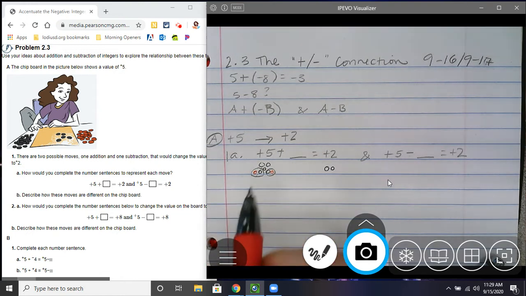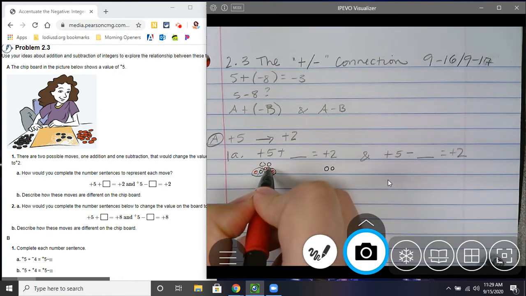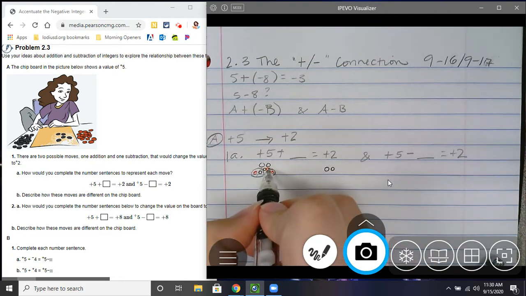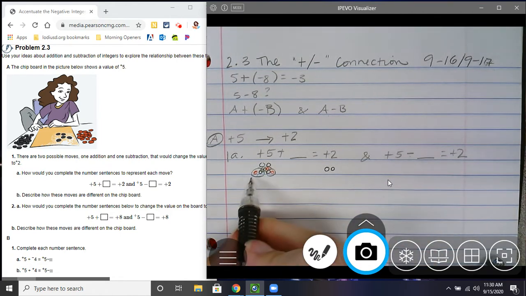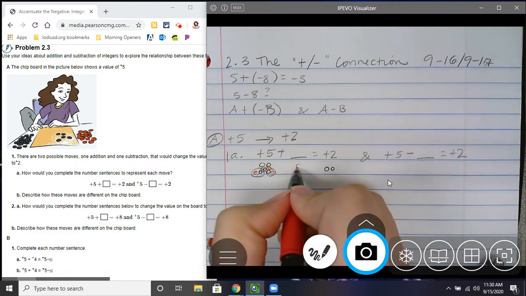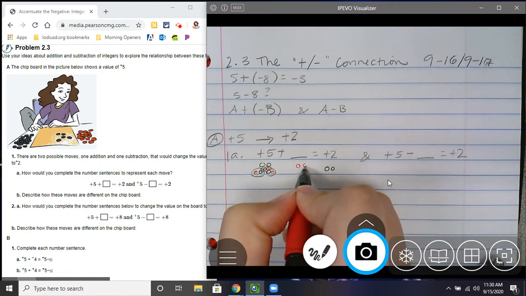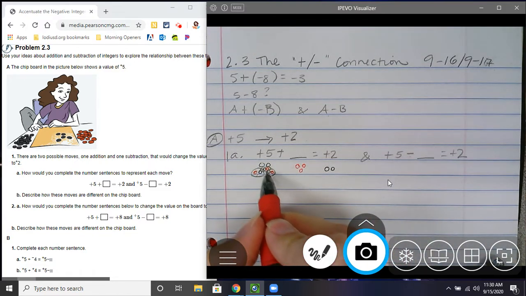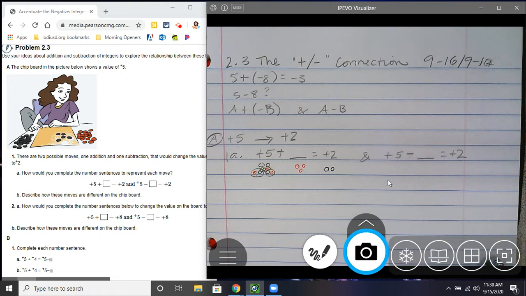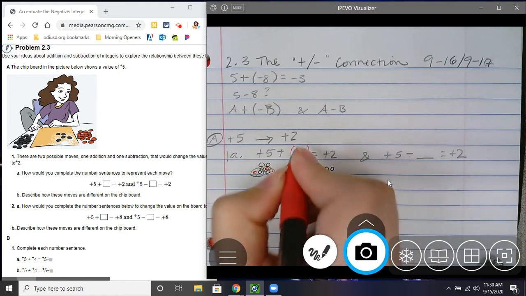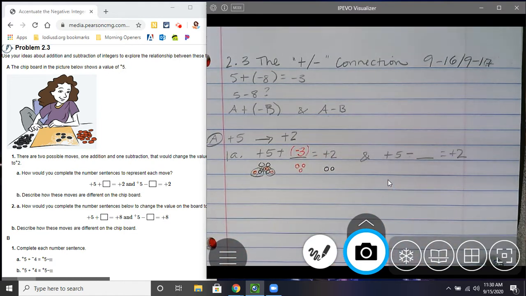So I'm going to put one more here, and it's getting a little cramped. So altogether, if we put 3 red chips, we will cancel out 3 of the black chips, and there will only be 2 left over. So the answer here is going to be 3 red chips.